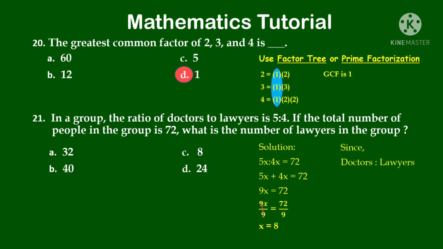Since the doctors to lawyers is equivalent to 5x and 4x, or 5 is to 4, 5 refers to the doctors and 4 refers to the lawyers, so the lawyers have 4x. Substitute the value of x, 8, into 4x, then we got 4 times 8 equals 32. So the answer for that is 32. That's only for the lawyers.